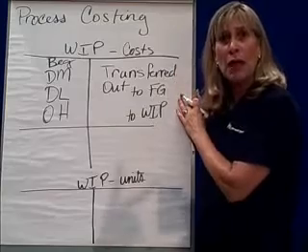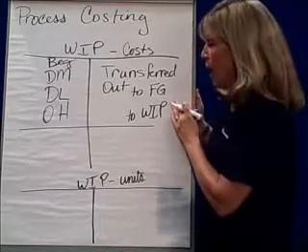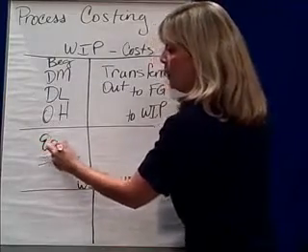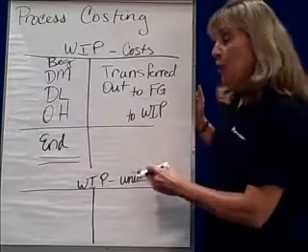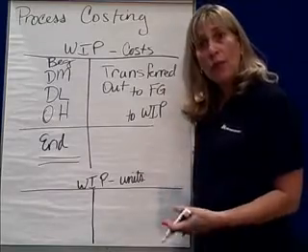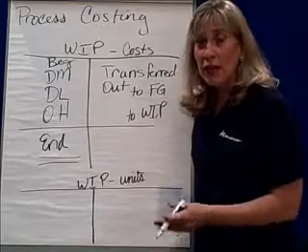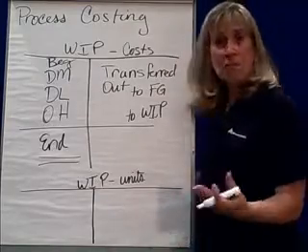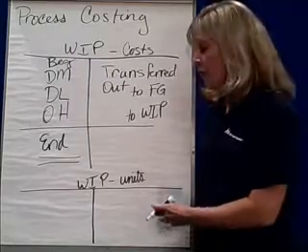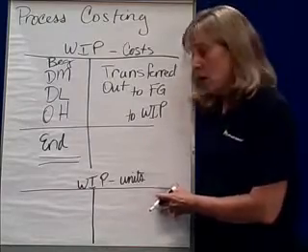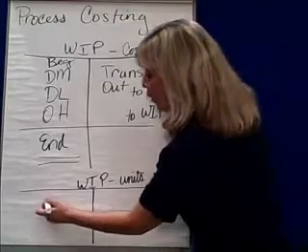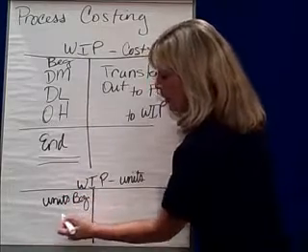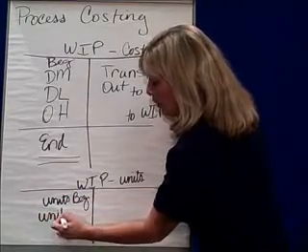So not only does the manager have to track their costs and assign them to what's transferred out or what's still left in the department, in other words, the ending inventory, but we also have to track the units, because you don't want to lose anything because it's spilled on the floor, an employee stole it, or it was ruined in the production process. So we have to track our units. We look at the units that could be in beginning inventory, and the units that were started.